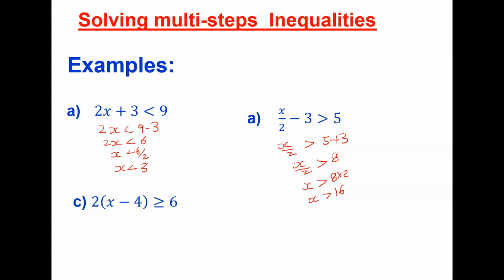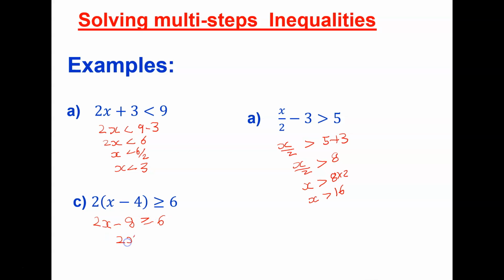We have one more here, which says 2 open a bracket x minus 4 is more than or equal to 6. First things first, we need to expand the bracket, so let's do that first. Expanding this bracket simply means 2 times x, 2x, minus 8 is more than or equal to 6. Take 8 to the other side and add it.